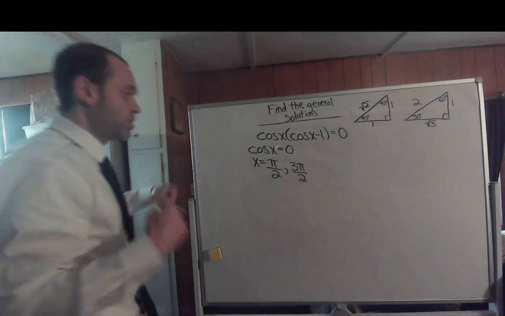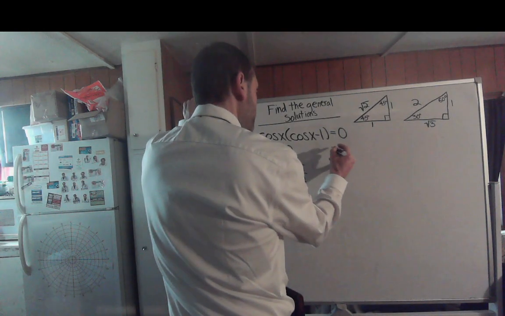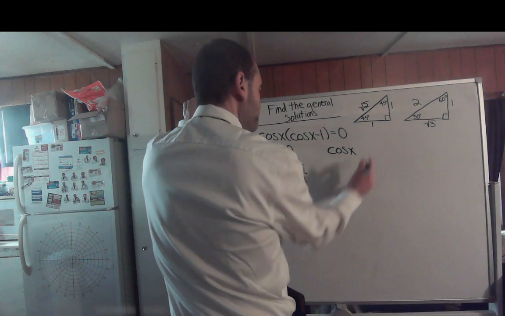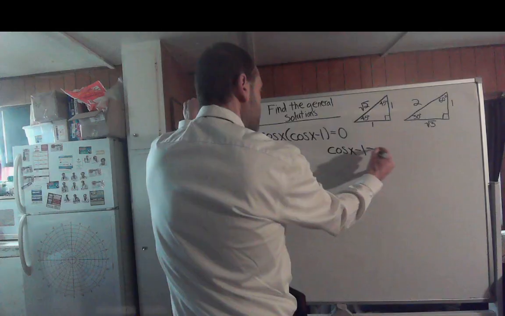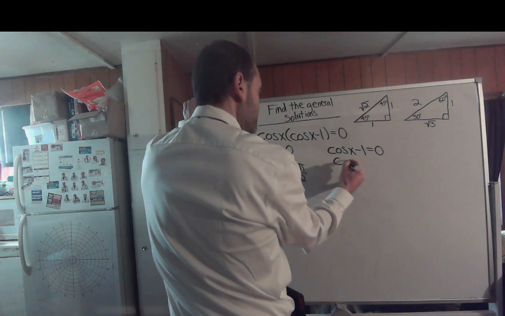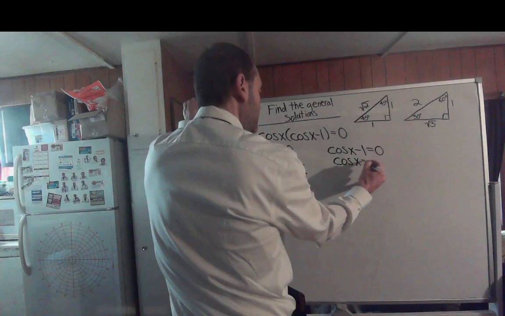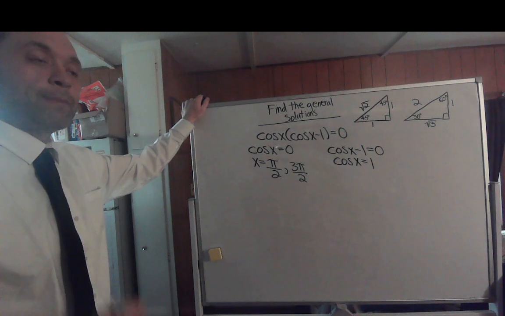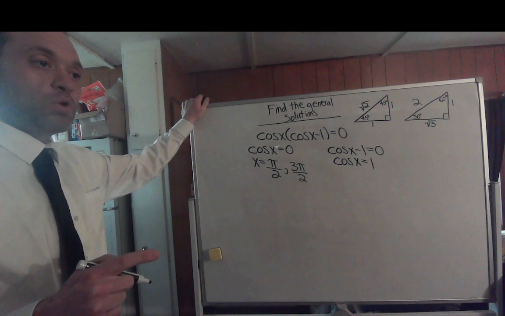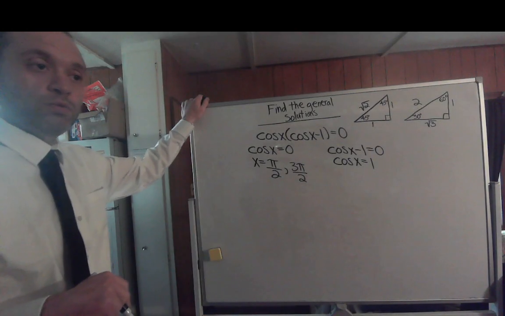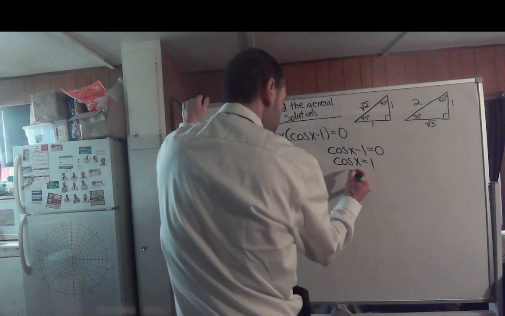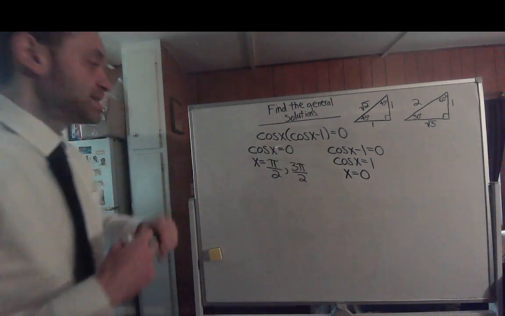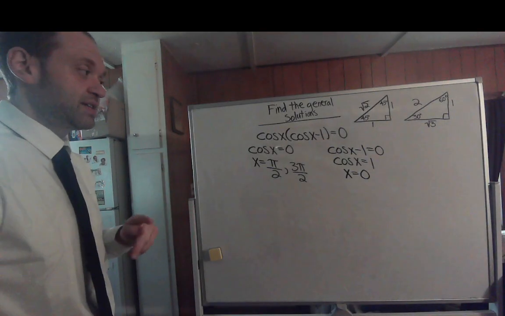Now how about when the cosine of x minus 1 equals 0, that would just give you the cosine of x equals 1. In the interval from 0 to 2 pi, when does the cosine of x equal 1? That only occurs at 0.